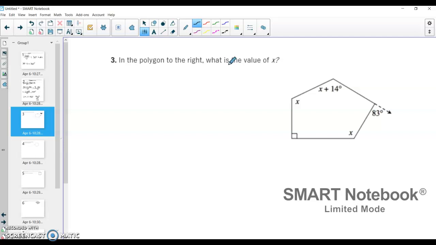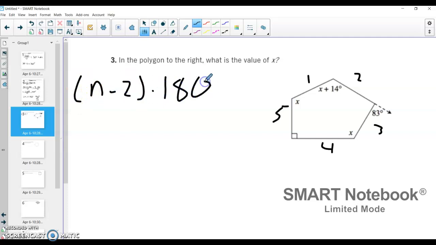And then we're going to add all these different x's up and set it equal to that sum. Well, this is a 1, 2, 3, 4, 5-sided shape. And so to find the sum of all the interior angles of a 5-sided shape, we use the equation I just talked about in the last problem, the sum of them all, and that is n minus 2 times 180.